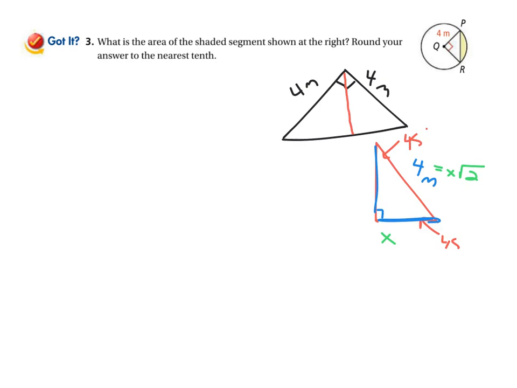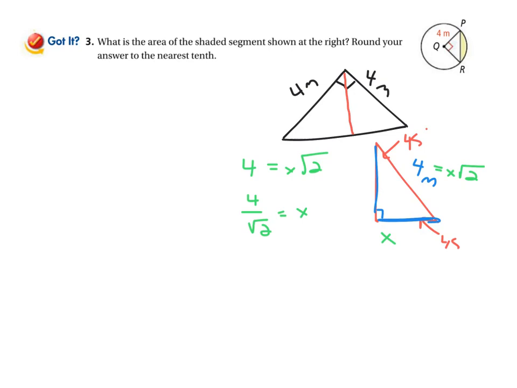So what we're basically saying then is that 4 is equal to x root 2, and how do we solve for x? We divide both sides by root 2. So we get 4 divided by root 2 is equal to that length right here, x.